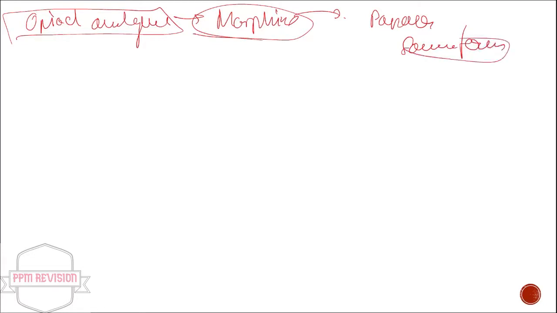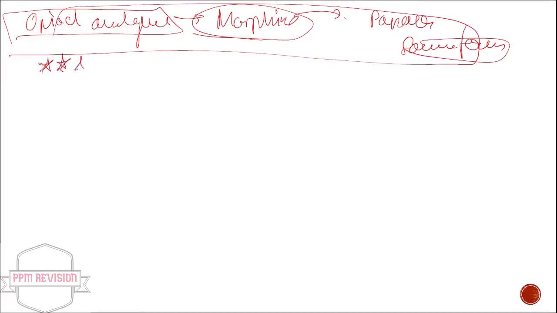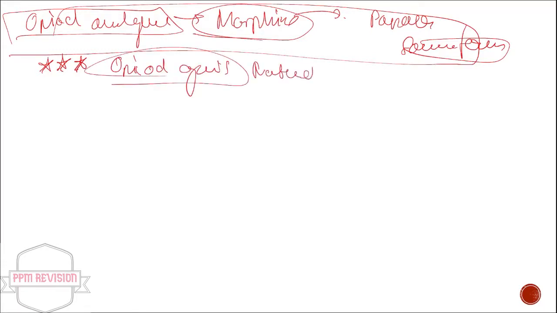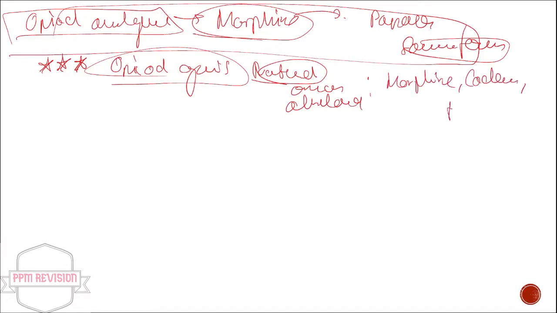Okay, now just quickly looking at the classification, which is very, very important. So opioid agonists: there are natural ones. Under natural opium alkaloids, there is morphine, codeine, thebaine, noscapine as well.